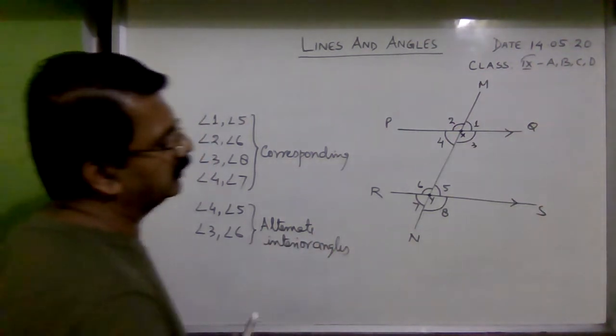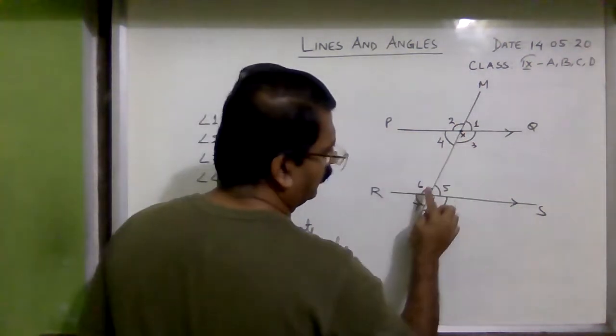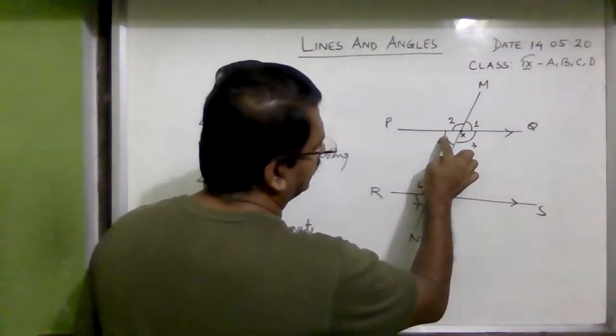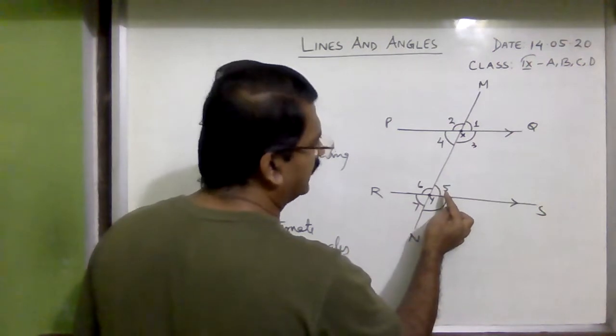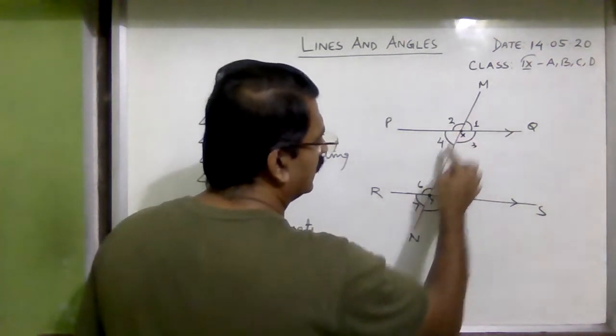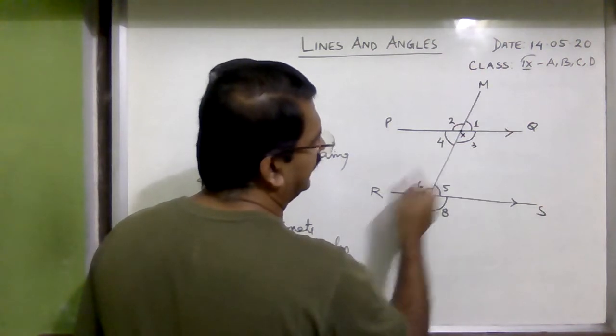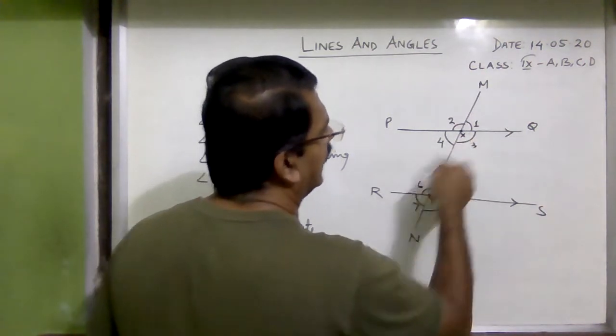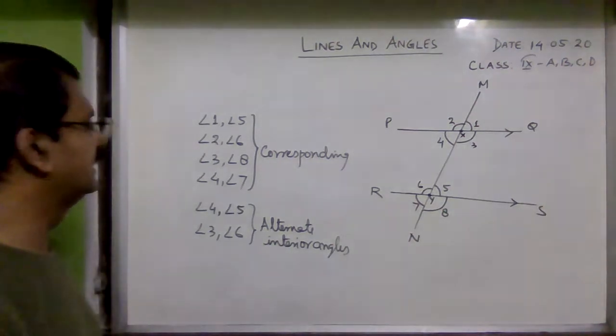You can see when there is formation of a Z like this, then these two angles are called alternate interior angles or simply alternate angles. Similarly here also it is a reverse Z, so 3 and 6 are alternate interior angles.